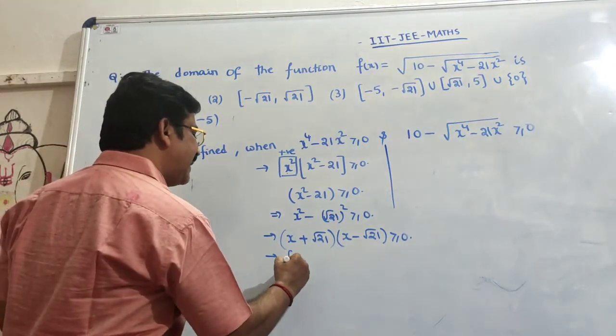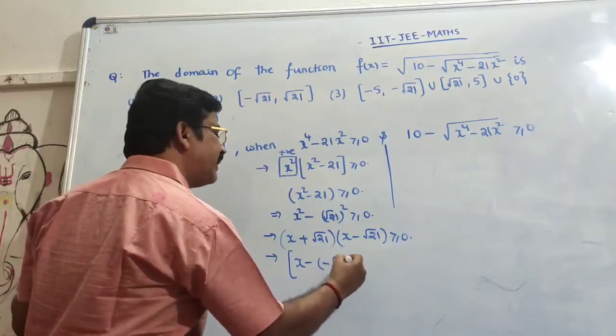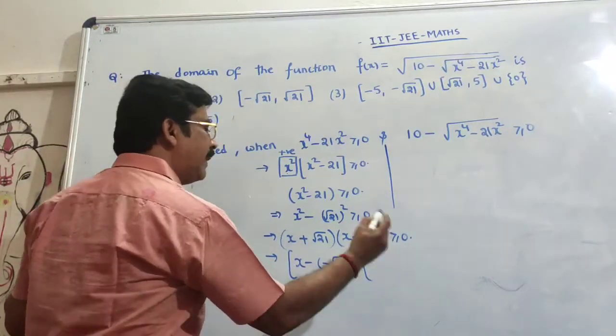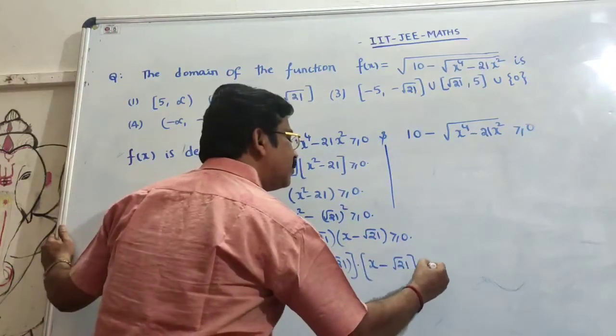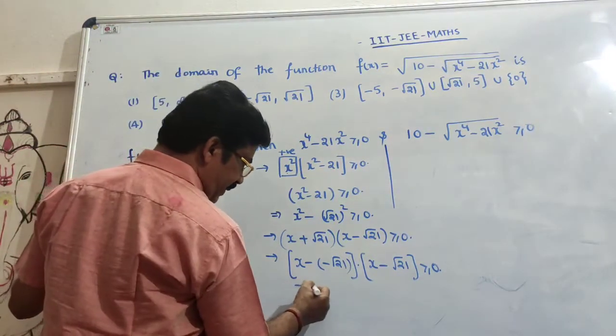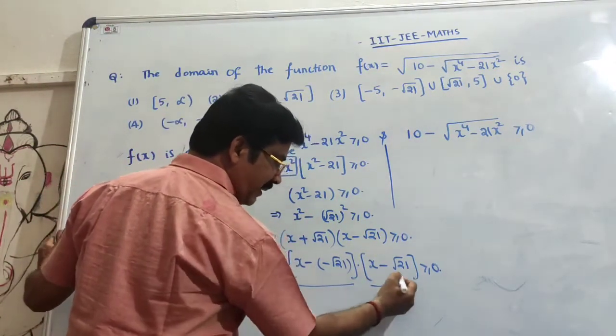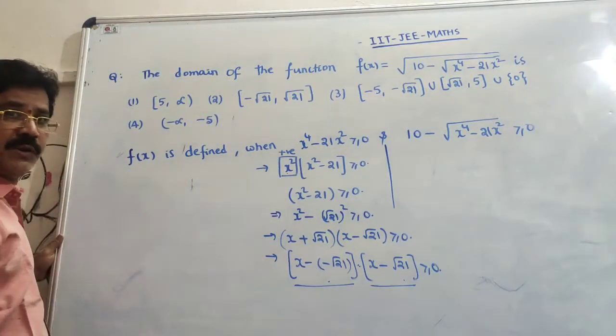We must write it like that. There are two factors, and the first factor into the second factor should be greater than or equal to 0.